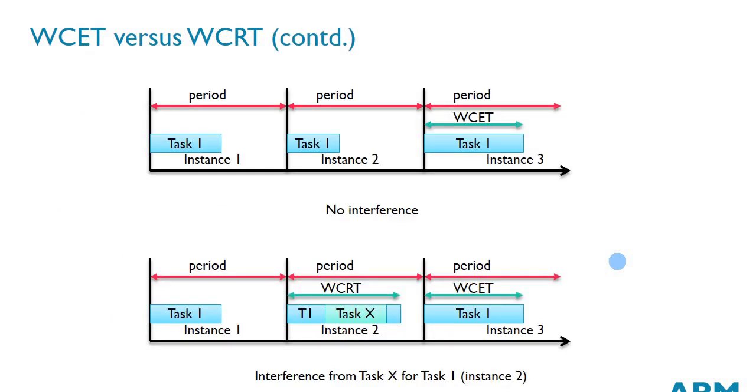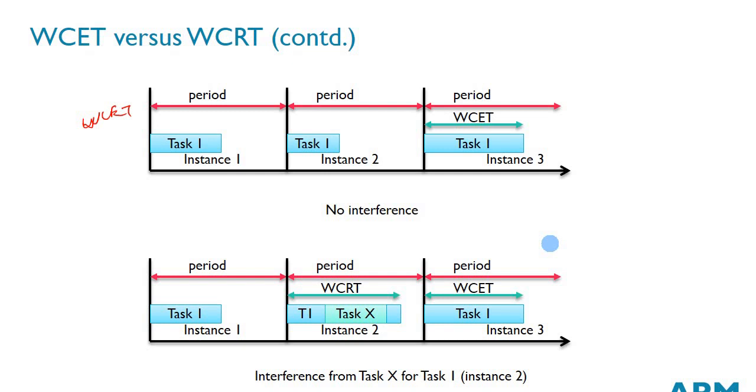Now, just to illustrate the difference between worst case execution time and worst case response time: in this first case, worst case execution time, you see that there is no interference. At each instance, the moment the task starts running, it is allowed to carry on until it completes.